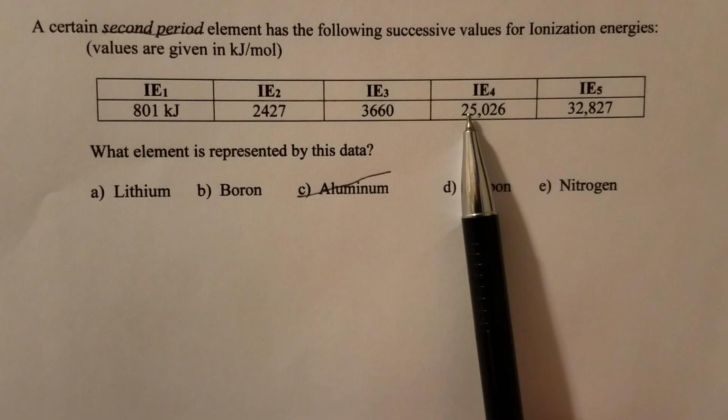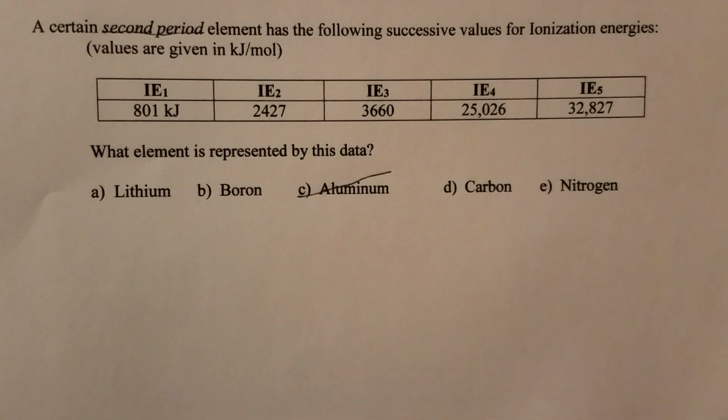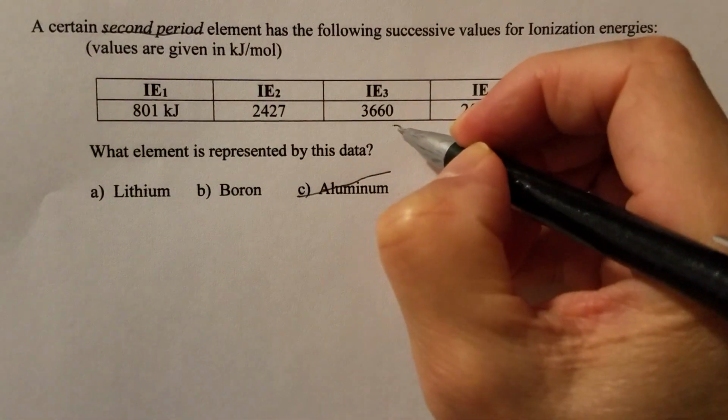That's why it requires much, much higher energy. Then that further confirms this has to be an element that has only 3 valence electrons. So now that means it should be group 3A.